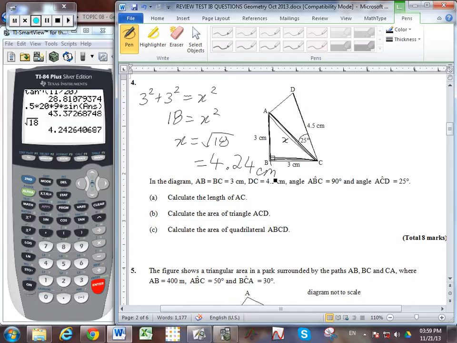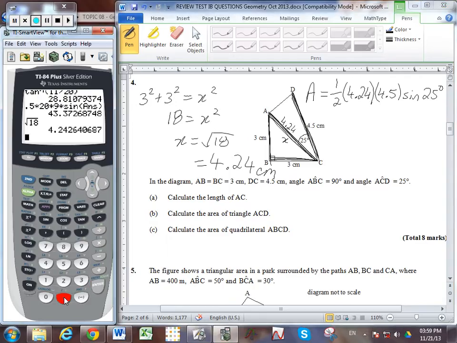There we go. Part B, let's calculate the area of triangle ACD. So here I've got this length, I just worked it out, it was 4.24 centimeters, and I've got this length, 4.5, and I've got the angle between them. We just did a problem like that. Our area then is going to be 1/2 times the product of the two sides times the sine of the angle between them.